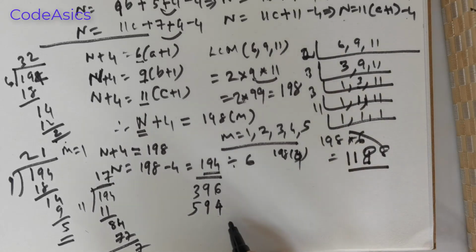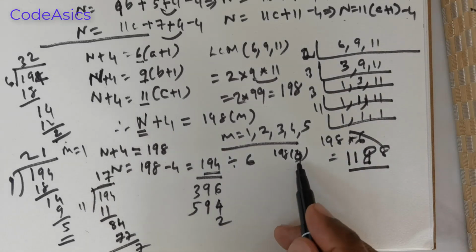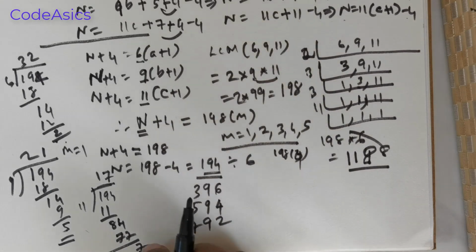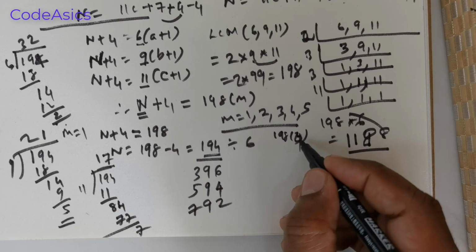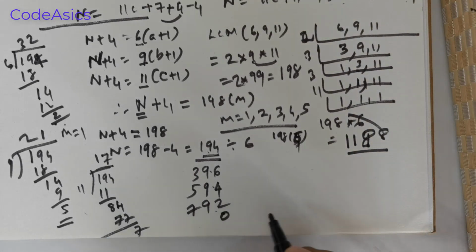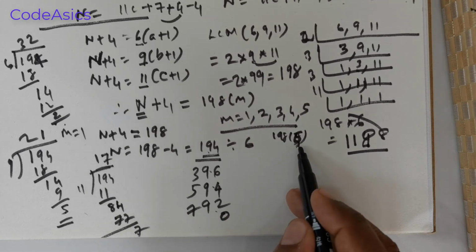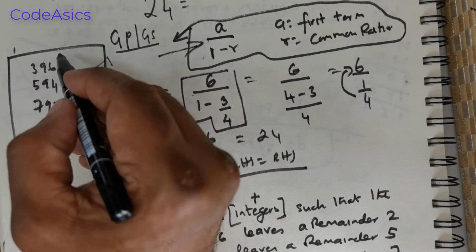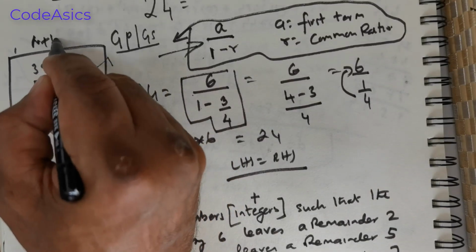The fourth number, 8 4s are 32, 3, 36, 39, 3, 792. The fifth number, 8 5s are 40, 4, 45, 49, 4, and 9. This is actually n plus 4, right? All of this is n plus 4.